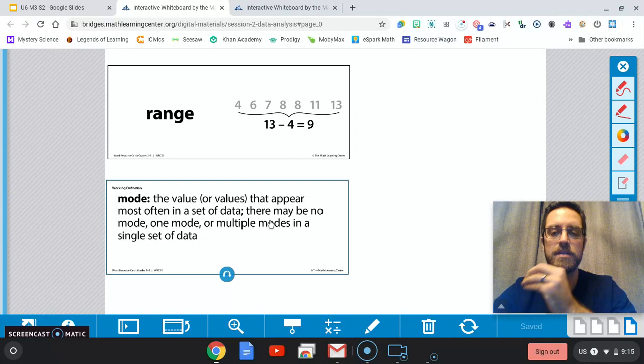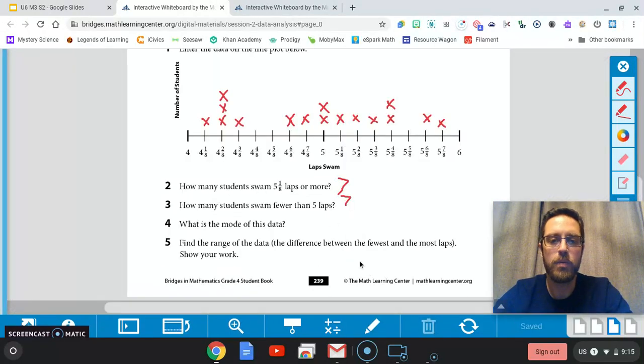Mode means most. So let's go back and look at what number in our set of data occurred most often. The one that has the most X's for the mode is 4 2/8, because it has the most X's, which means it occurred most often.